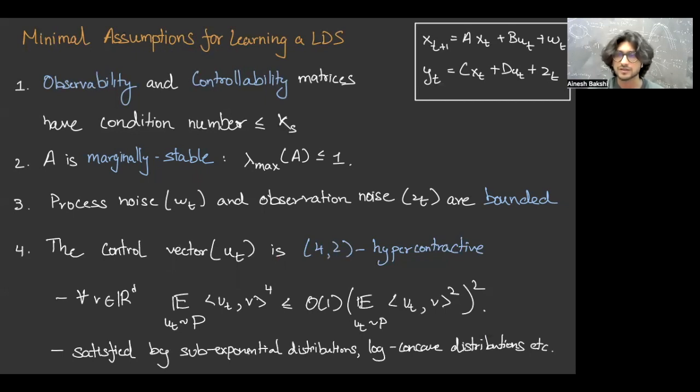This condition essentially says that the fourth moment of the distribution is well-behaved, which is a strengthening of just the variance being bounded. This condition is satisfied by several well-studied distributions, including all log concave, sub-exponential, and sub-Gaussian distributions. I'd like to note that this is also a significant weakening of the assumptions required by all prior works, which assume that the control input is actually sub-Gaussian.